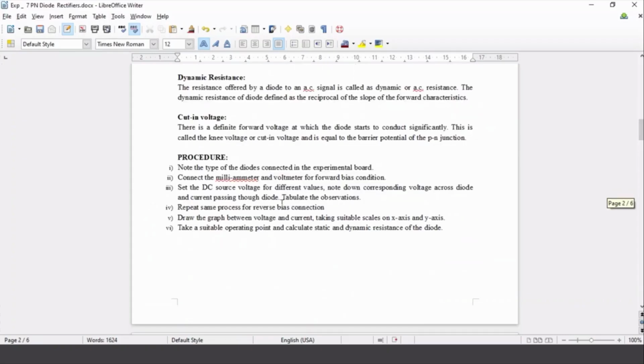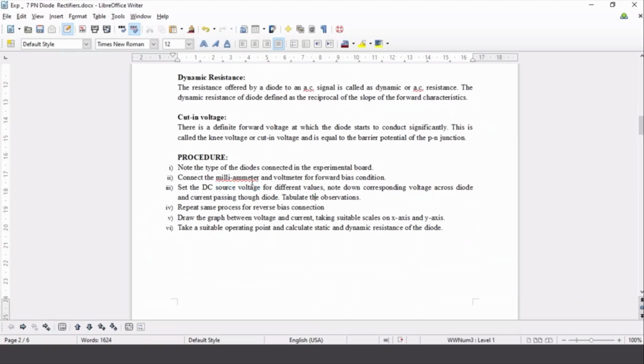Now let us look at the procedure here. I've already said what we are going to do, but let us quickly see the manual. In the manual, note the type of diodes which are connected in the experimental board; you should know the type and model numbers. Second, connect the ammeter in milliampere mode, and the voltmeter across the diode for forward bias condition.